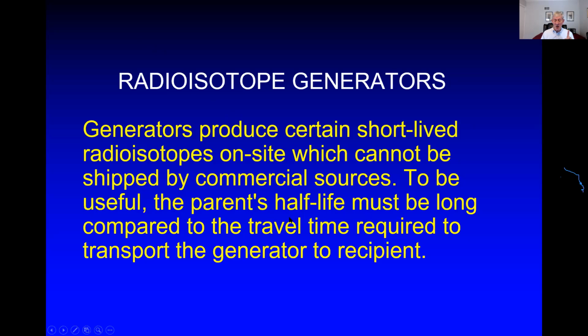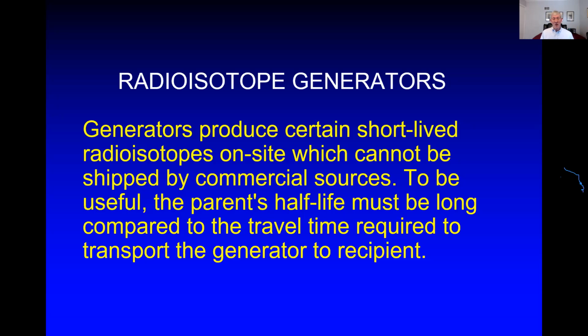And read this sentence carefully. The parent's half-life has to be long compared to the travel time to make sure that the person receiving it gets the adequate amount. Now, let's think about this. Let's say the shipping time is 18 hours. But the half-life of molybdenum is 67 hours. So we're going to take a wild guess and say, how much are we going to lose in that shipping time? Let's say it's 30%.